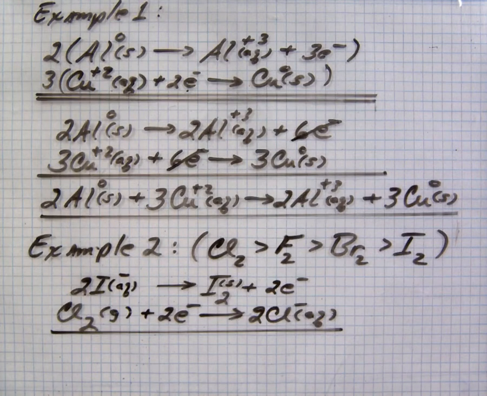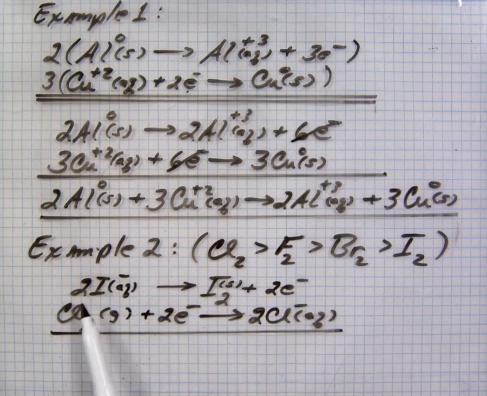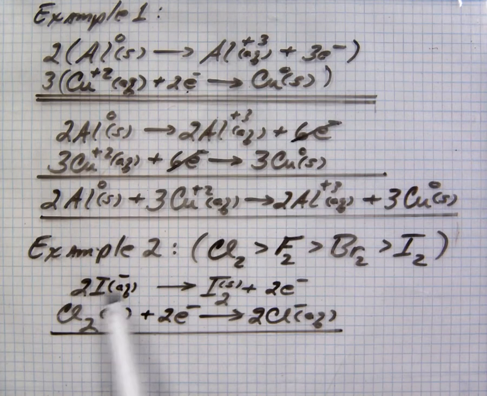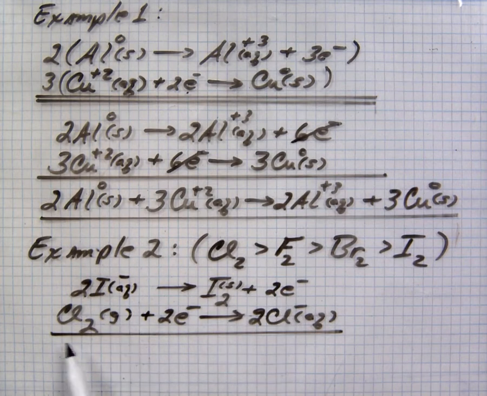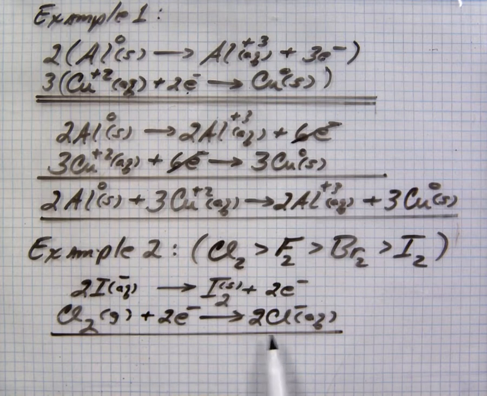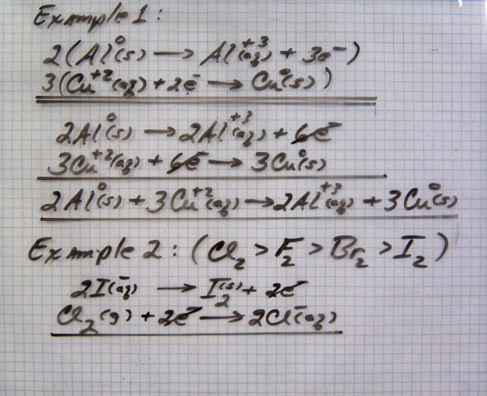Okay. So here we'll have iodide ions in aqueous solution from some salt. They will undergo oxidation in the presence of chlorine gas, with chlorine gaining a couple of electrons and producing chloride ions, and the charges are equal, so we can cancel those out.